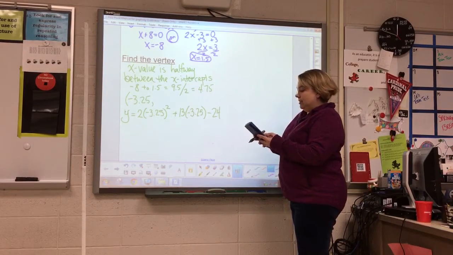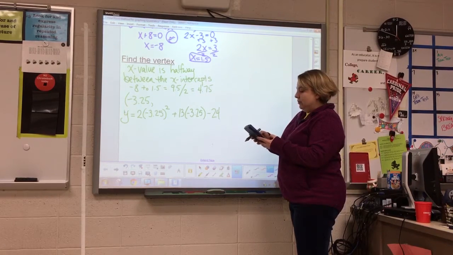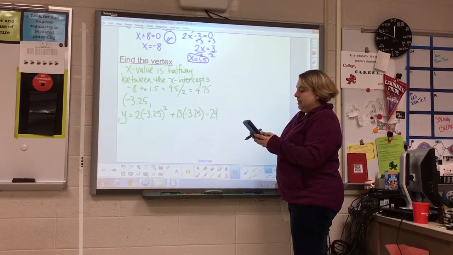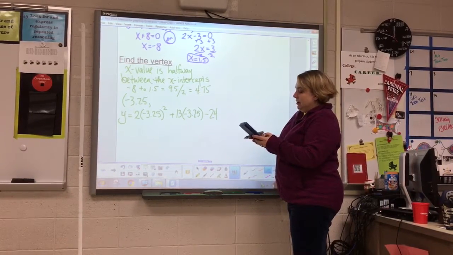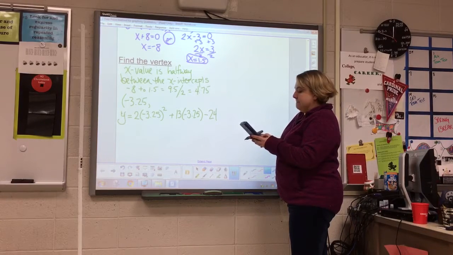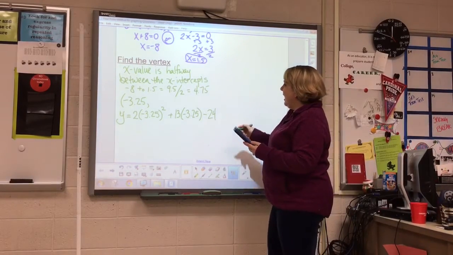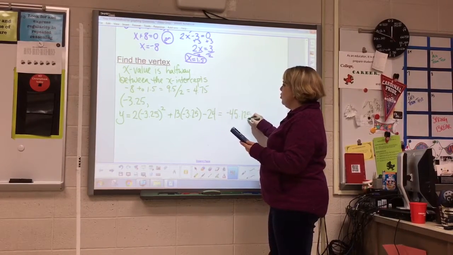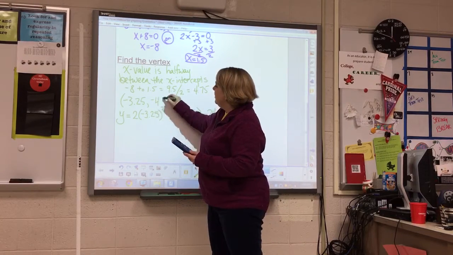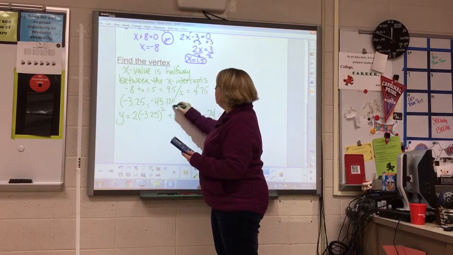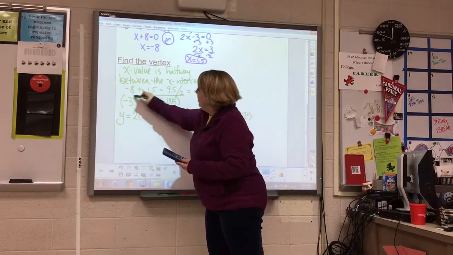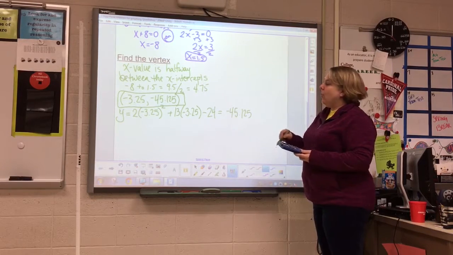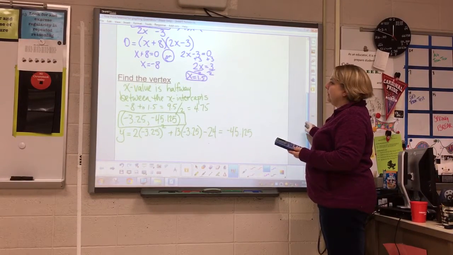So 2 times negative 3.25 squared plus 13 times negative 3.25 minus 24. And I get my y value is negative 45.125. Woo, that's far, but that's okay. So the x is halfway between the x-intercepts. The y, you just plug it back in.